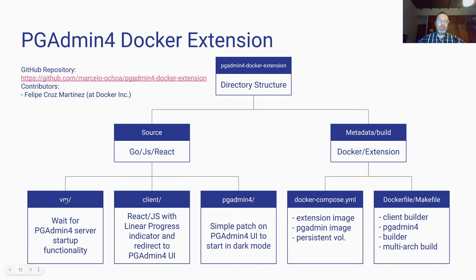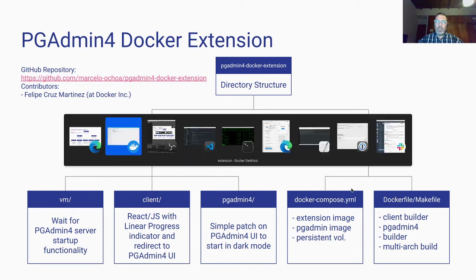One is the source, including a vm directory with Go code, a client directory including JavaScript and React components, a pgadmin directory with a simple patch on the pgadmin default image to switch to dark mode by default, and metadata files including Docker Compose for describing the stack and Dockerfile and makefile for building the extension.